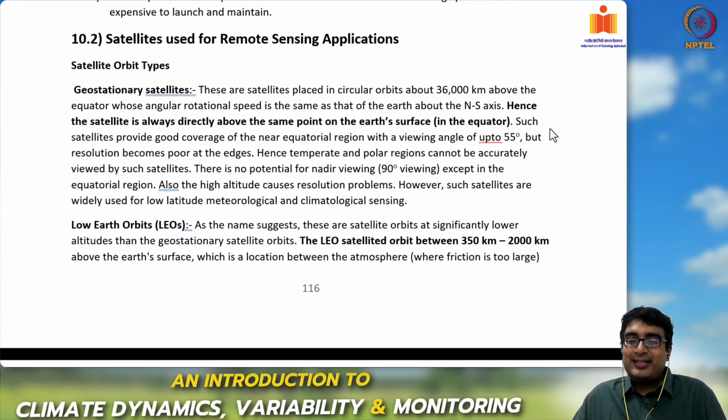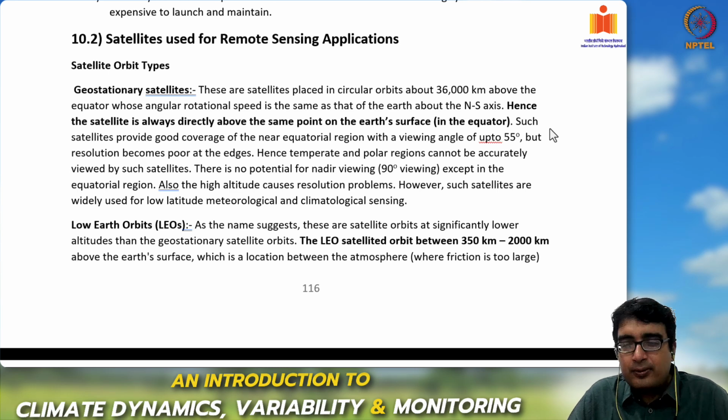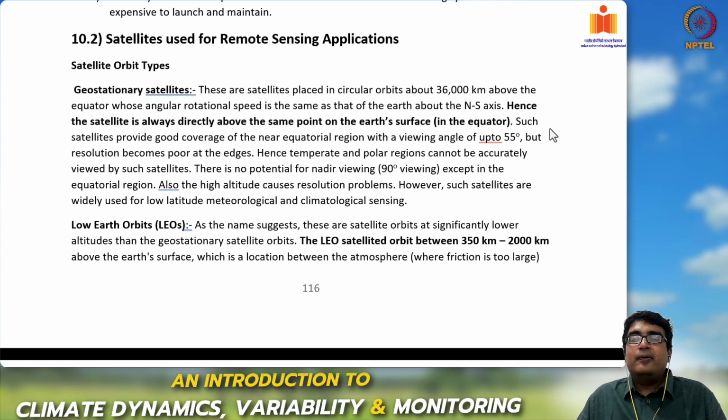So, let us understand this point a little bit. Earth is a sphere, and these satellites are seeing the spherical Earth from a location far above the equator. So it will have good near-normal resolution around its sub-satellite point over a 55-degree viewing angle surrounding it. But beyond that, its angular resolution will decay, because we will see the Earth projected as a circle, correct?